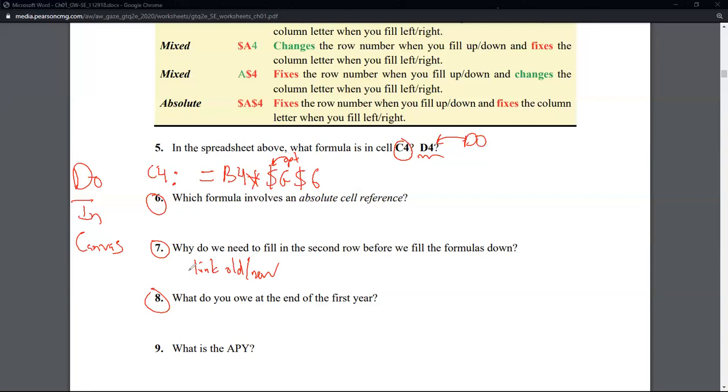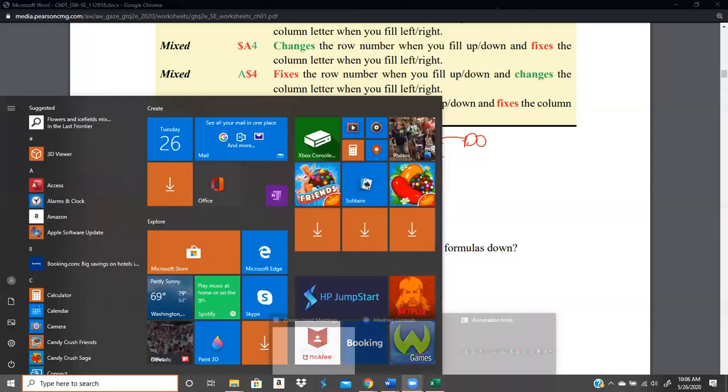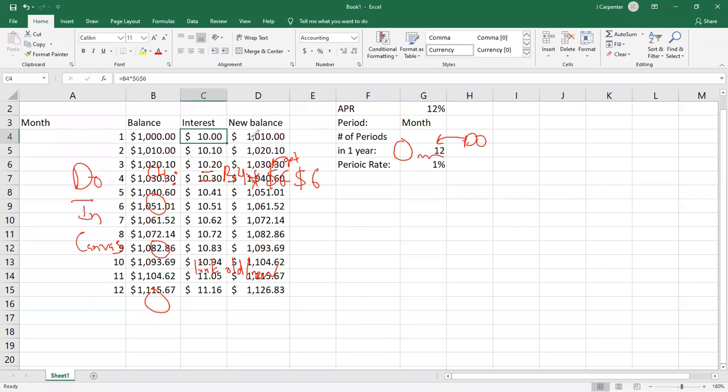No, that's 3. Okay. I don't want to give you that one. And it's going to be a little ugly. But at the end of the first year, here's your beginning balance, then you add a little more interest, and then here's your ending balance. So you can see the number on the screen right now. Thankfully, there's nothing written on it. So there's what you owe at the end of the first year. Okay.